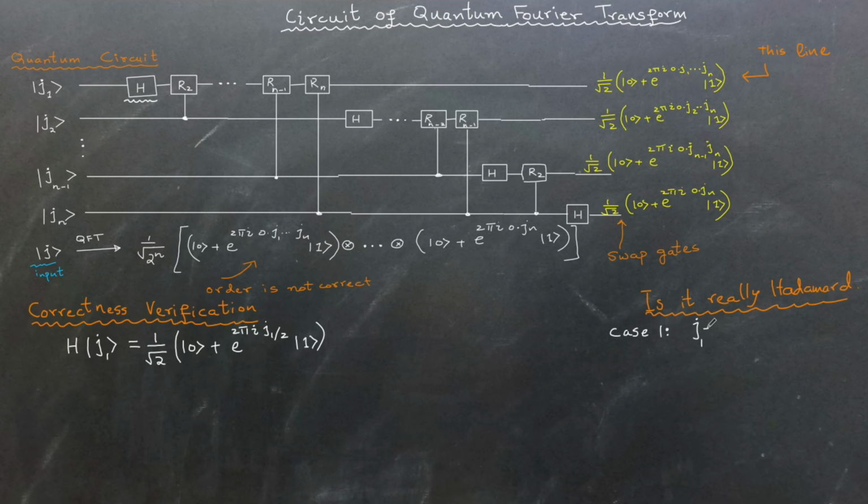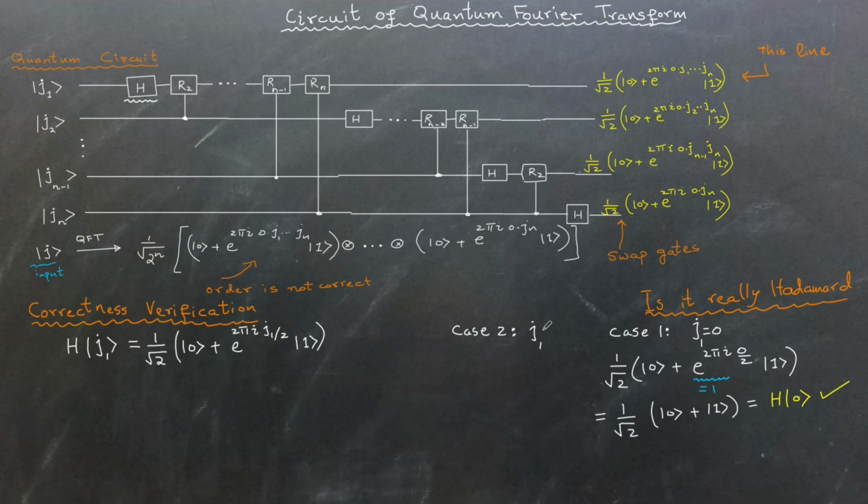First, consider the case where J1 equals 0. Substituting 0 in place of J1 in the exponential eliminates the phase factor because any number raised to the power of 0 equals 1. Thus the result simplifies to 1 over the square root of 2 multiplied by ket 0 plus ket 1. This is the expected result when a Hadamard gate is applied to ket 0. Next, consider the case where J1 equals 1.